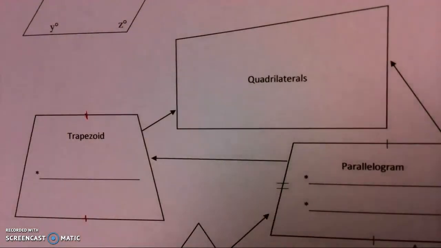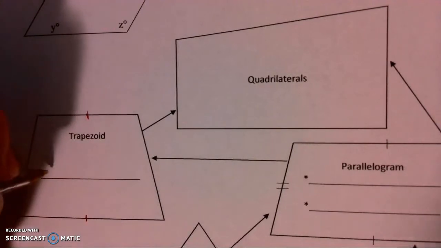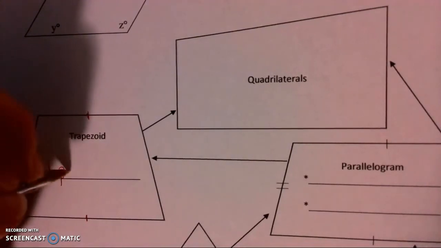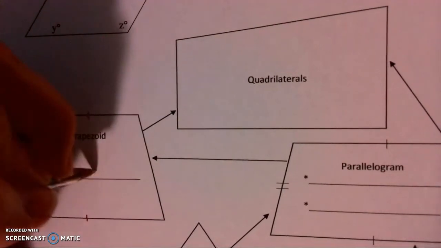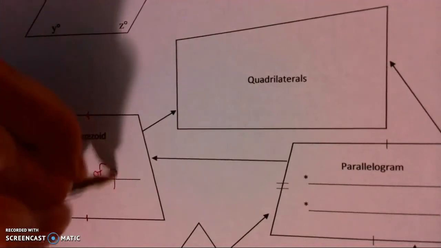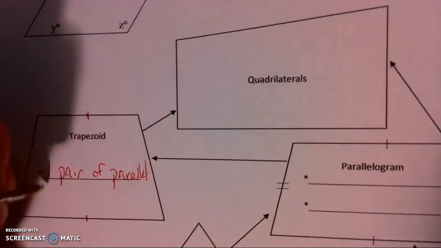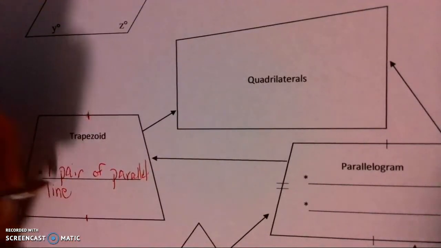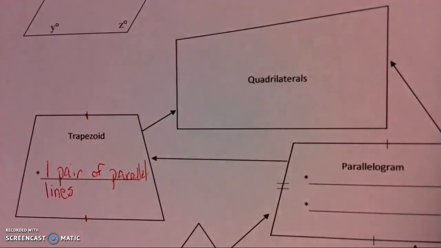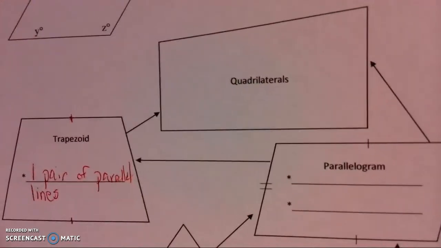So a trapezoid is a quadrilateral with 1 pair of parallel lines. So 1 pair of parallel lines. That's a trapezoid. Now, if you look over, notice that a trapezoid is a quadrilateral.